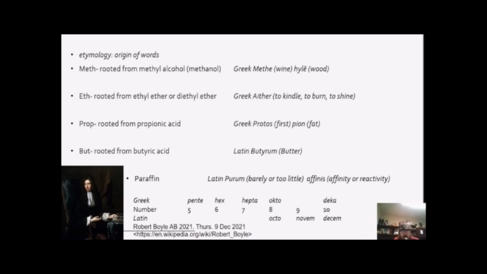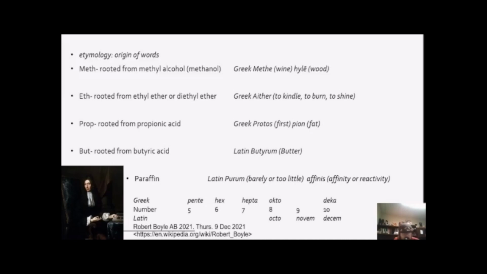Eth came from ethyl ether, or diethyl ether, a very highly flammable liquid slash gas. If you've ever read some of the really old Curious George, when George goes to the hospital, he ends up getting super high from breathing ether vapors. It was a disinfectant, among other things, and I think an early anesthetic. They used that to kind of dope people.